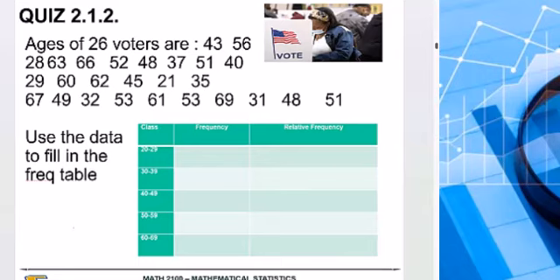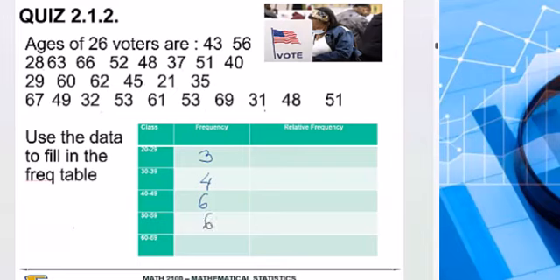So we just check it, right? 20 to 29, we have 1 here. We have 2 here. 3. That's it, right? The first is 3. 30 to 39, we got 1, 2, 3, 4. 4. 40 to 49, we got 1, 2, 3, 4, 5, 6. 6. 50 to 59, we got 1, 2, 3, 4, 5, 6. 6.